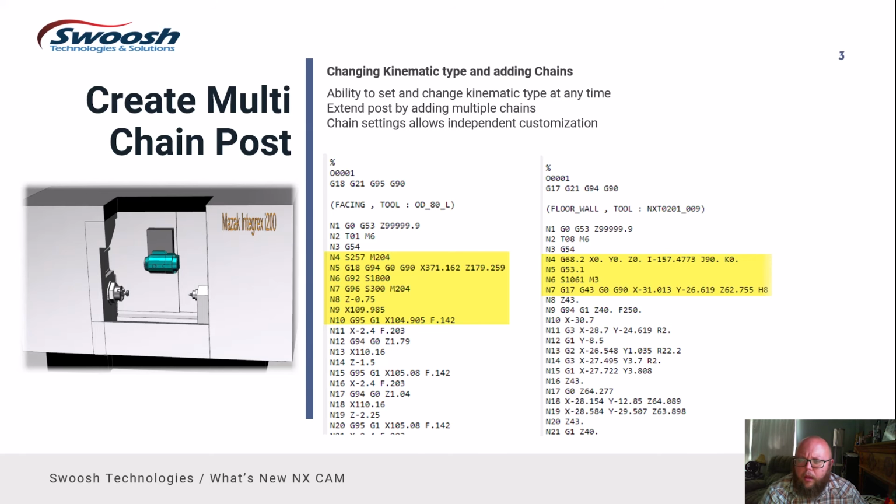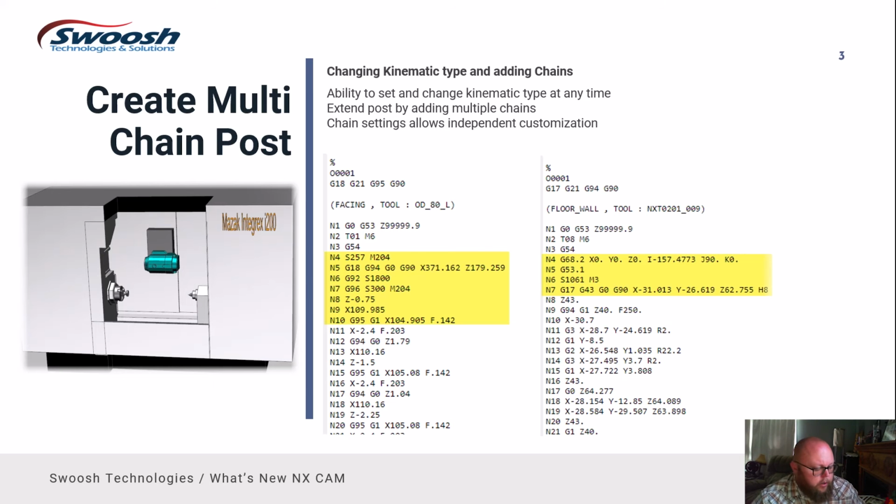We're going to show some of the out-of-the-box advantages of Post Configurator in creating post processors for multi-function machines like this that can handle milling and turning, but also how we can utilize chains within a post to differentiate more settings between, in this example, the milling output and the turning output of a post processor.